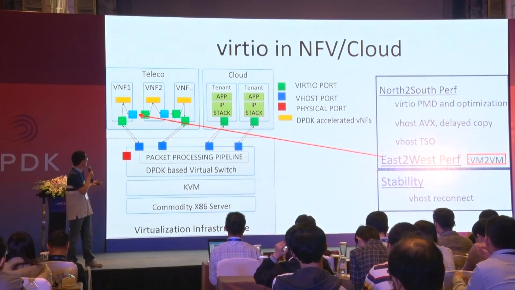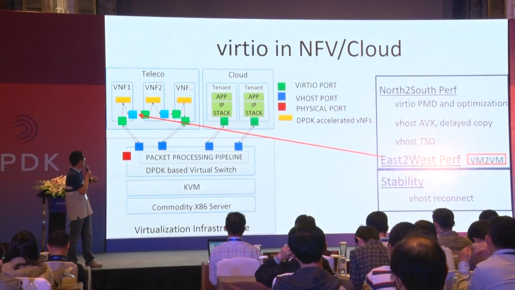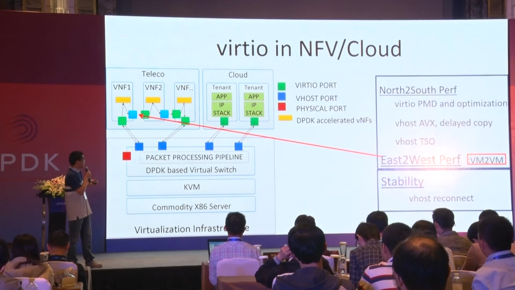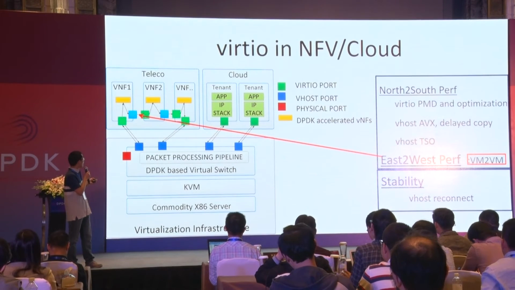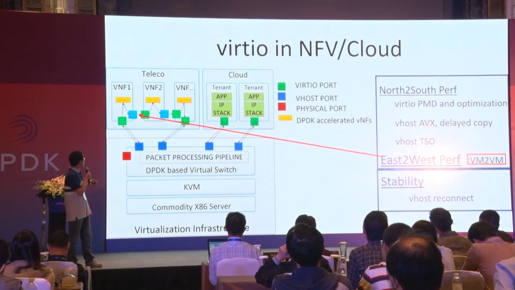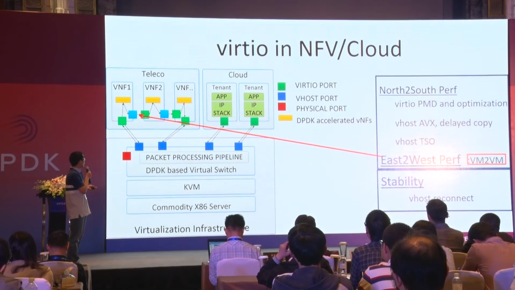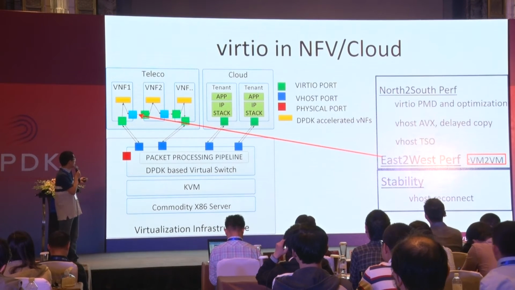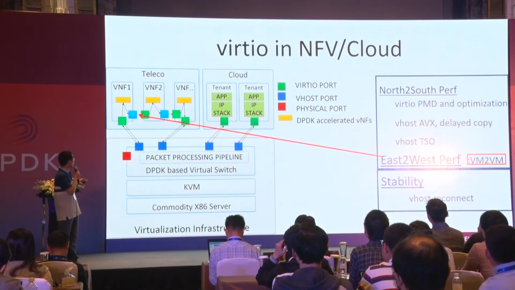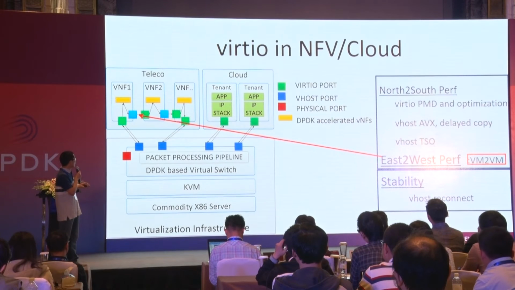For the east to west performance issue, let's give an introduction as well. For all of the packets, they will need to go through different VMs. Between the virtual machines, there are a lot of transactions. Logically speaking, there is communication between the virtual machines, but it all needs to go through the Vhost.